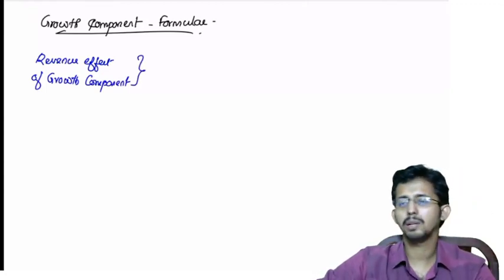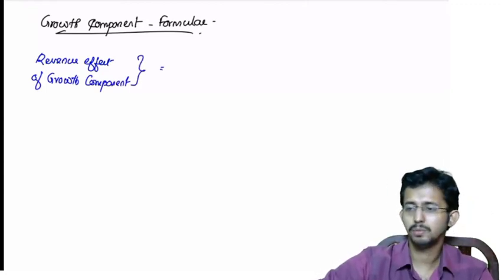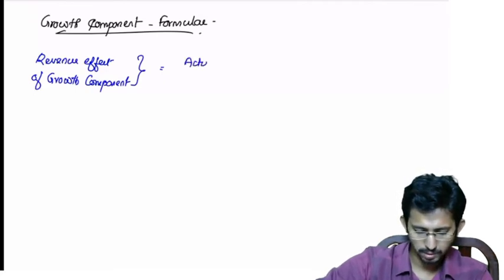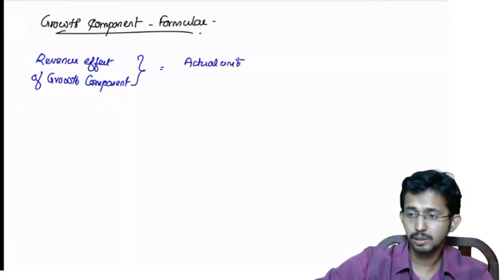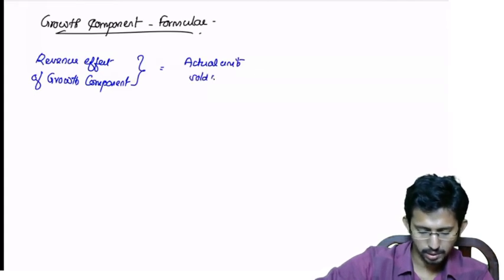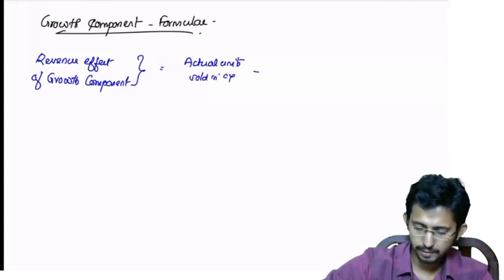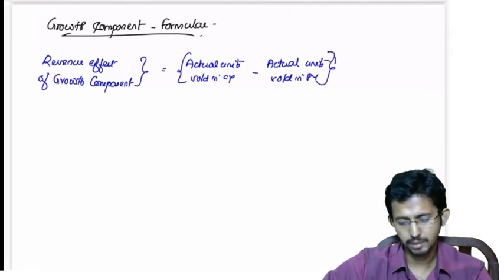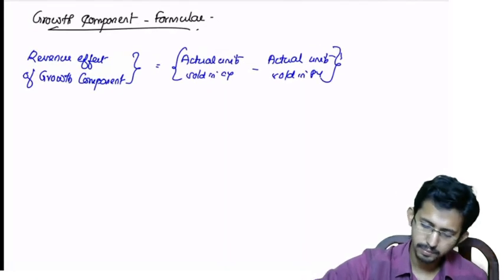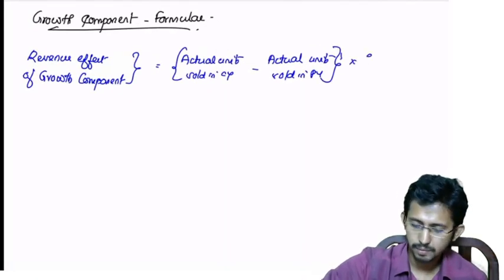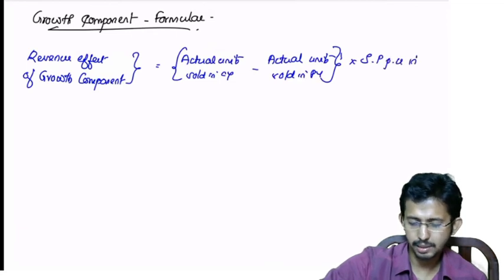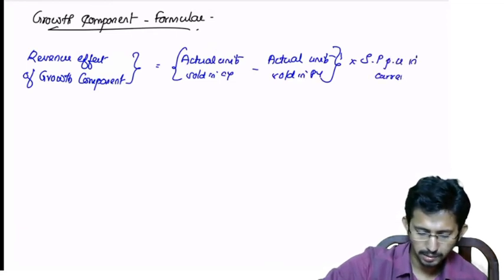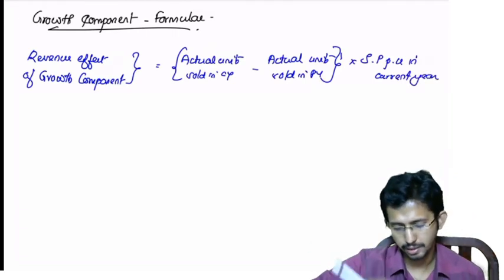Revenue effect of growth component is equal to actual units sold in current year minus actual units sold in previous year, that is the increase in the number of units sold, multiplied by the selling price per unit in current year.